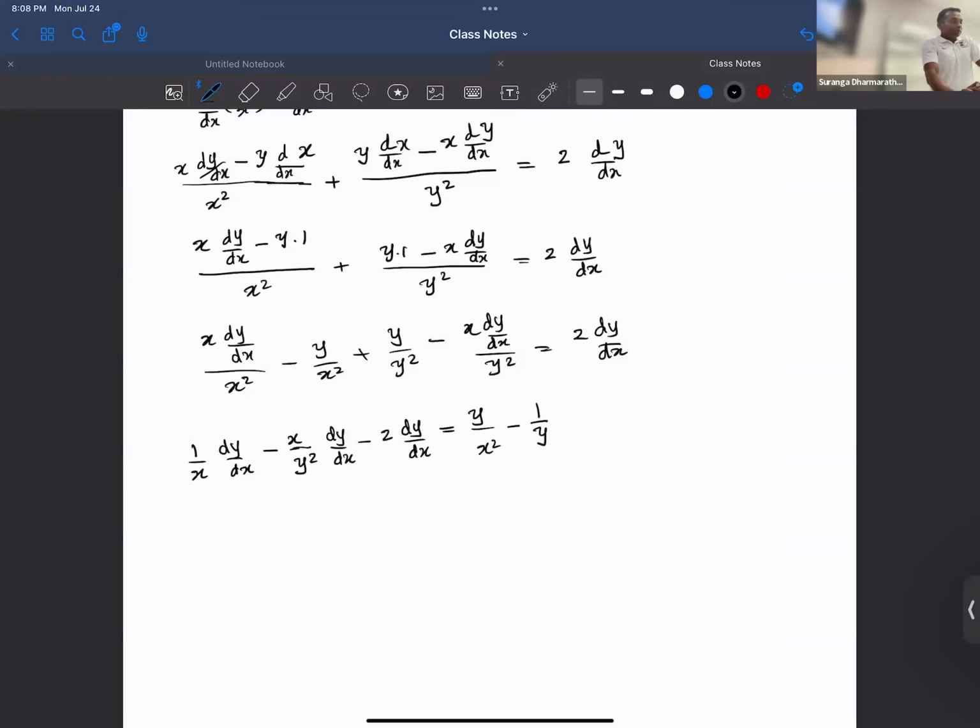And I can take dy over dx as a common factor. So you get 1 over x minus x over y squared minus 2, equals, you want to take x squared y as a common denominator, then you get y squared minus x squared.